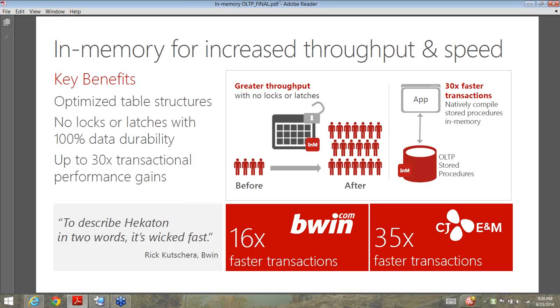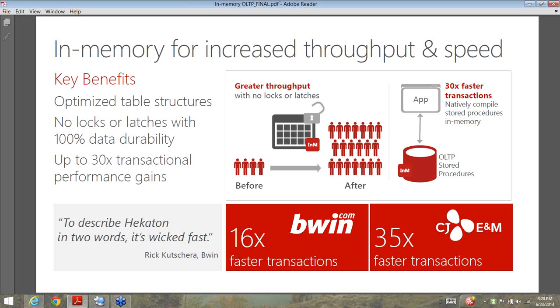So with this in-memory OLTP design point of optimized table structures, they were able to improve their transactional speeds by almost 16 times, and thereby they could increase their player capacity by about 20 times on the same hardware, right?